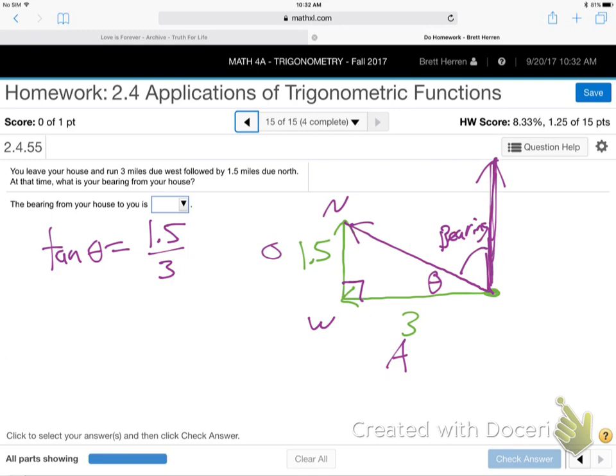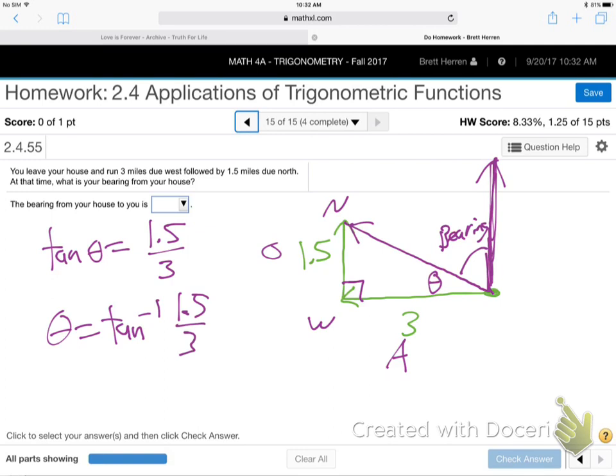Now, what's weird looking? How do I find the theta angle inside of a tangent like that? What do I do? It's inverse. Do y'all realize that? That means, how do you solve for an angle inside of a trig function? You got to do the inverse. Theta will be inverse tangent of 1.5 over 3. Does everybody see that?